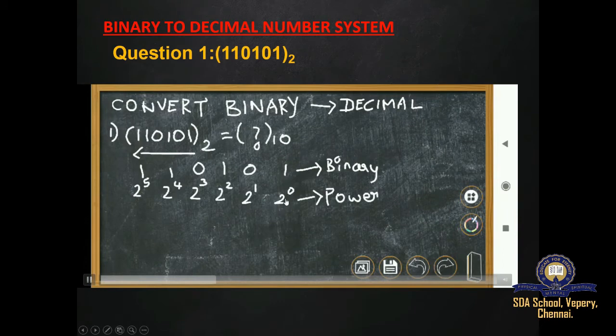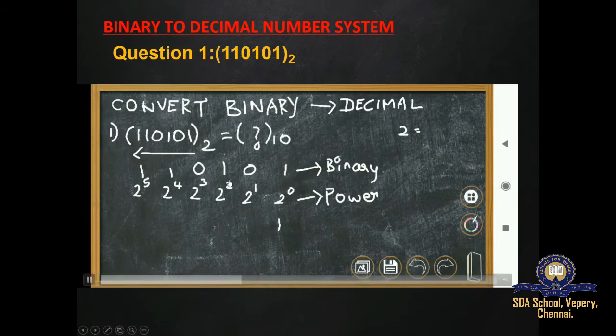So we are going to multiply. Any number that has 0 as its power, we get 1 as the answer. Now 2 to the power 1, so 2 into 1 we get 2.